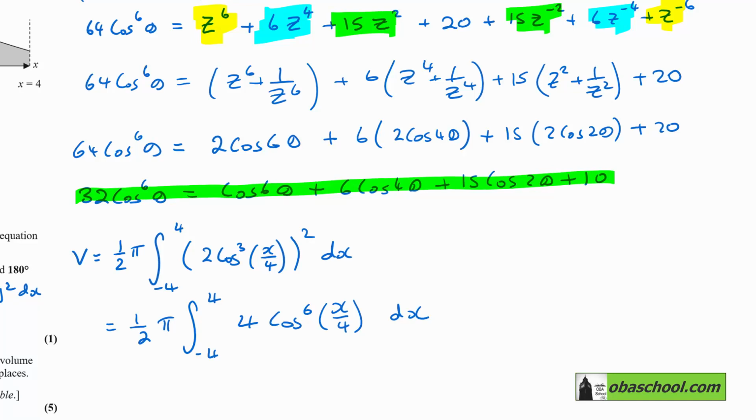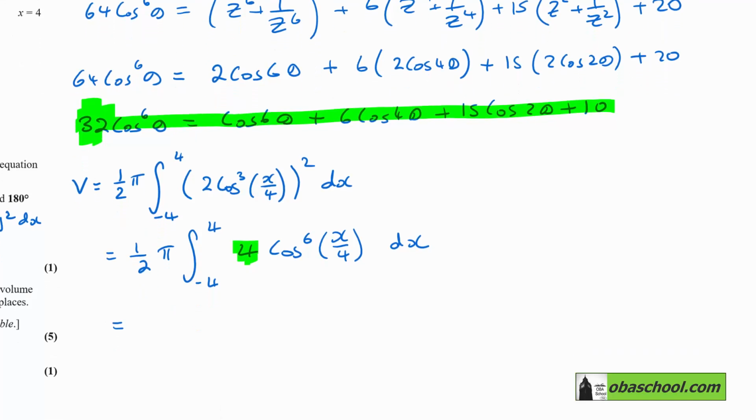Notice here that we only have 4 of these, and that here we have 32 of them. So we have 1/2 pi times the integral from -4 to 4 of 1/8 of. So the first one is cos 6 theta. Well, that's going to be 6 times x over 4 in this situation. So that ends up being cos 3x over 2.